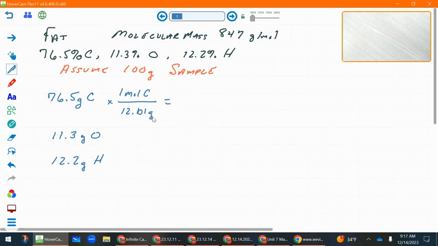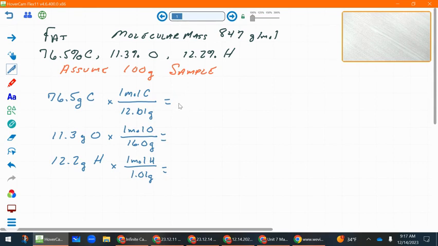Someone work on doing that math for me. For oxygen, 1 mole of oxygen on top over 16.0 grams on the bottom. Someone work on that math for me. And for hydrogen, 1 mole of hydrogen over 1.01 grams. I need the moles that we get from these.